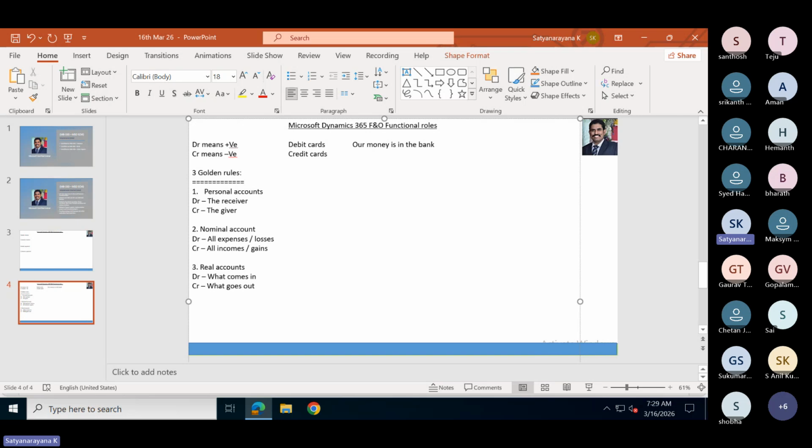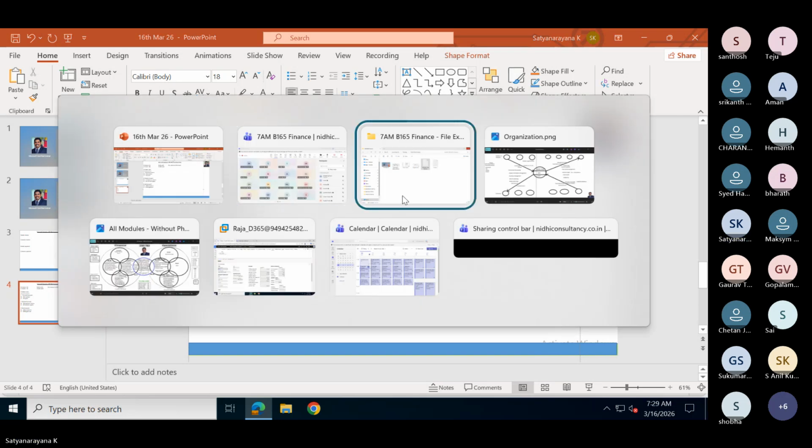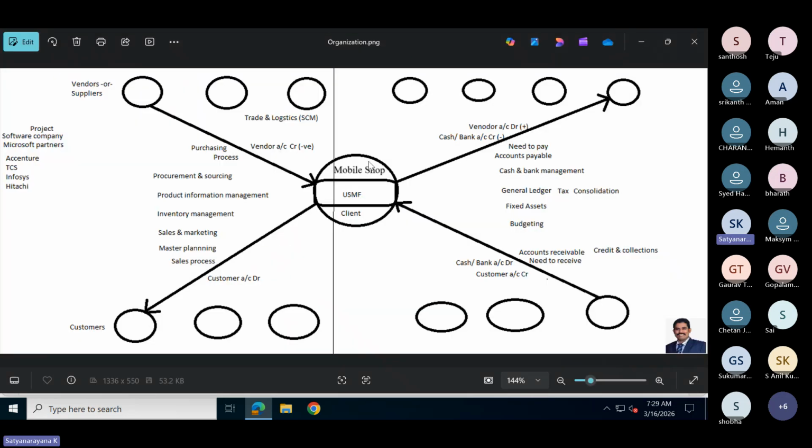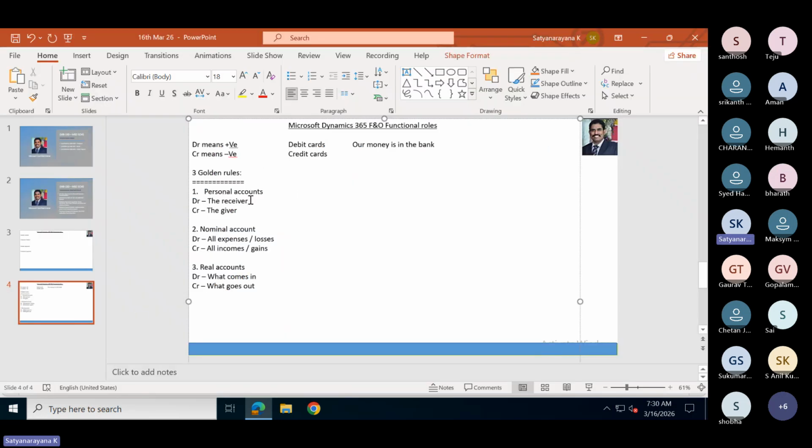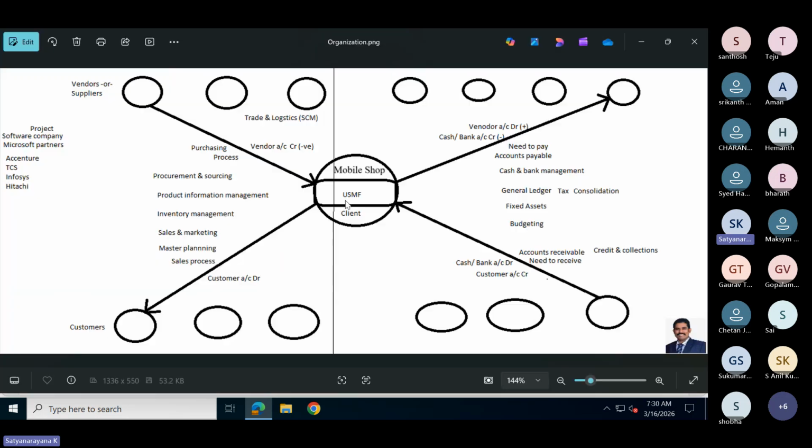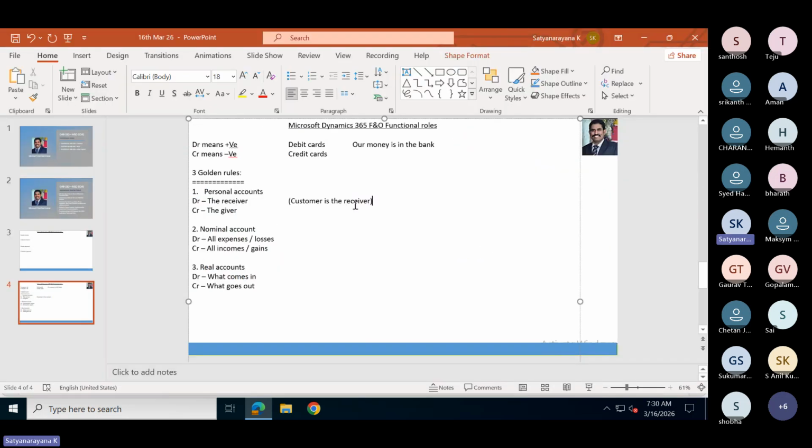Okay. So here, if you are running a business, we are giving material to the customer. The customer is the receiver. Customer is receiving from you. So always customer is debit.